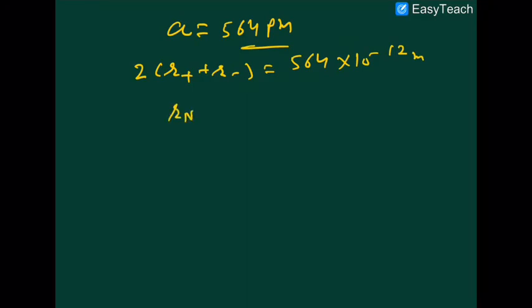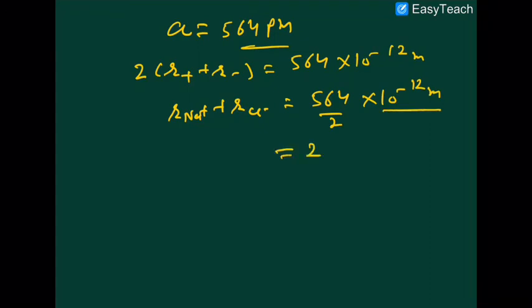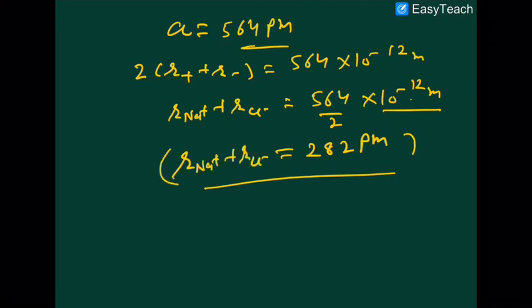It is radius of sodium cation plus radius of chloride ion, divided by 2. So the answer is 282 picometer. So radius of Na plus plus radius of chloride ion is 282 picometer. That is the new value. Are you sure about that?